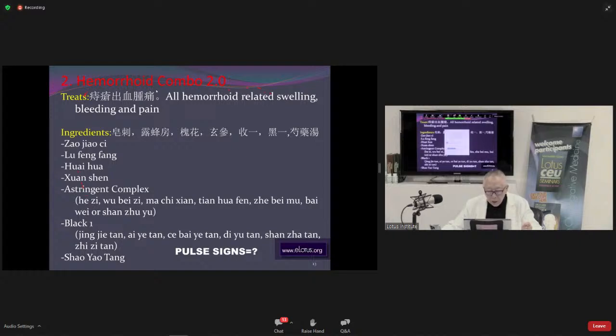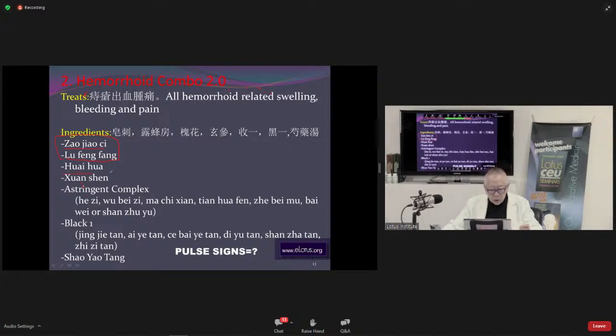It doesn't matter which ear. I use 皂角刺 and 陆蜂房 for inflammation and for swollen veins in the anus.